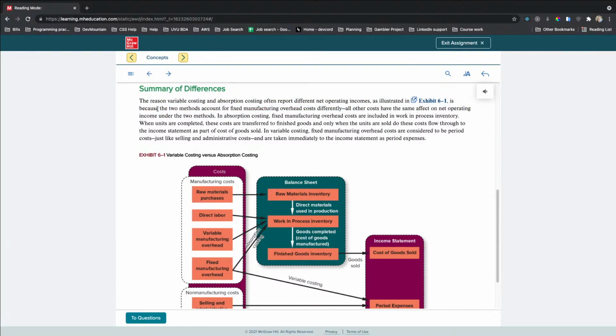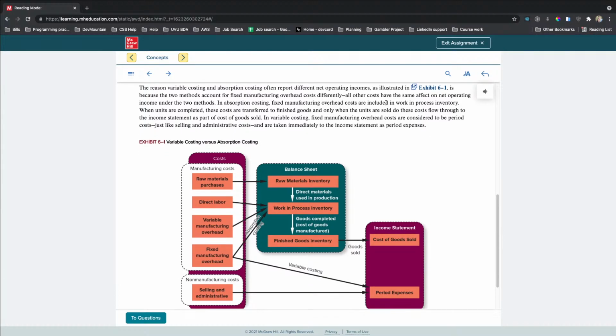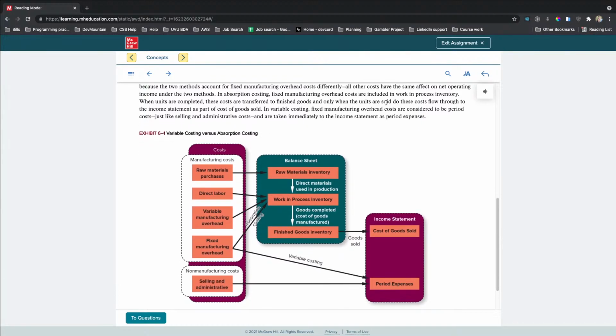In conclusion, the reason variable costing and absorption costing often report different net operating incomes, as illustrated in our picture here, is because the two methods account for fixed manufacturing overhead costs differently. All other costs have the same effect on net operating income under the two methods.